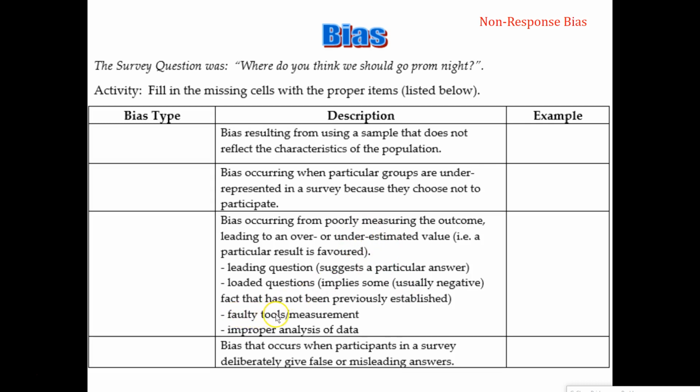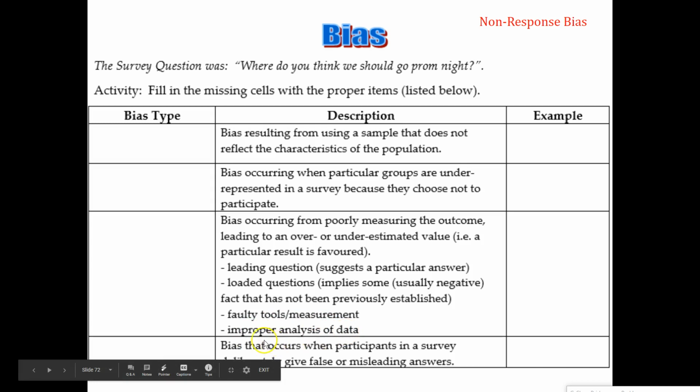It could be that there's faulty tools or measurement devices, or there could be an improper analysis of the data. So if you had an outlier and you were using the mean to estimate the average, something could be either over or underestimated because that outlier is changing the mean, and perhaps you should have used the median instead.